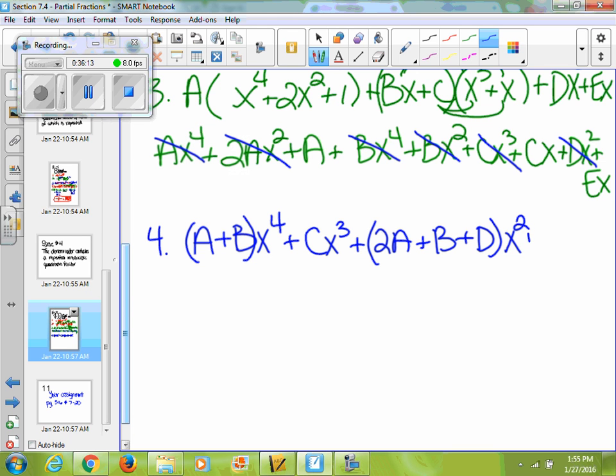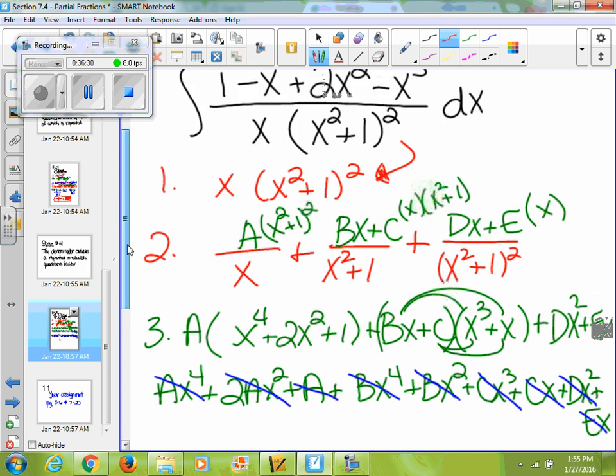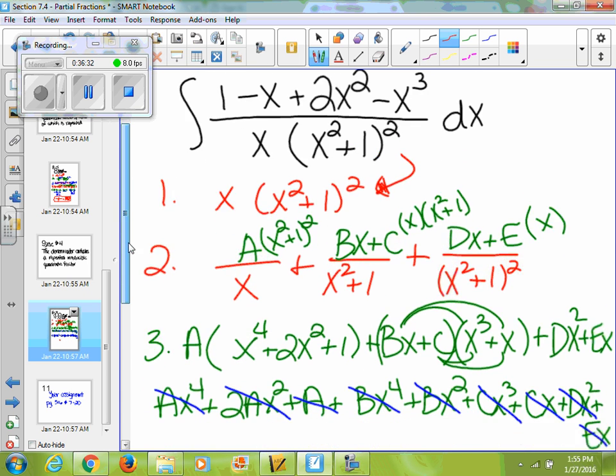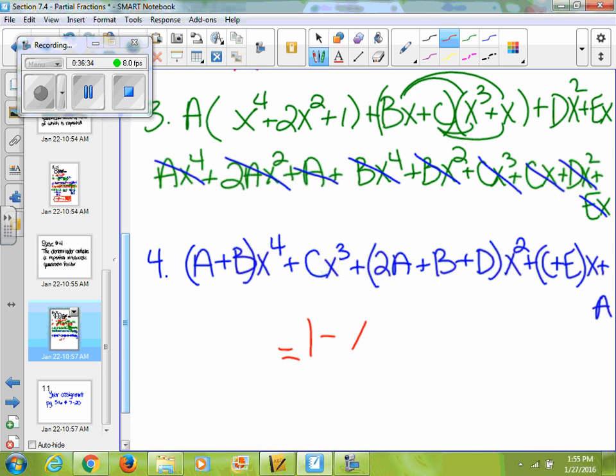For my x's, I have C and E. And for my constants, all I have left is an A. And that's going to equal what my numerator of my fraction was, which is 1 minus x plus 2x squared minus x cubed. Is that what my numerator is? X cubed? Okay.